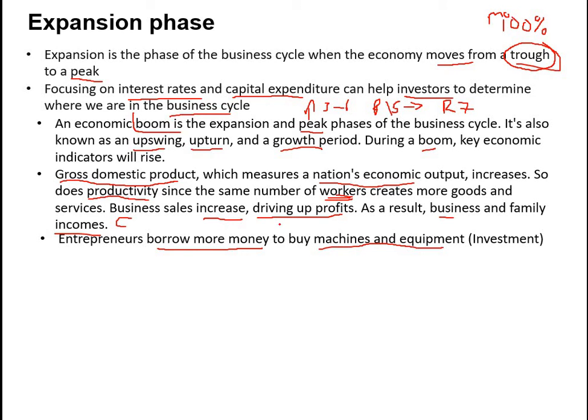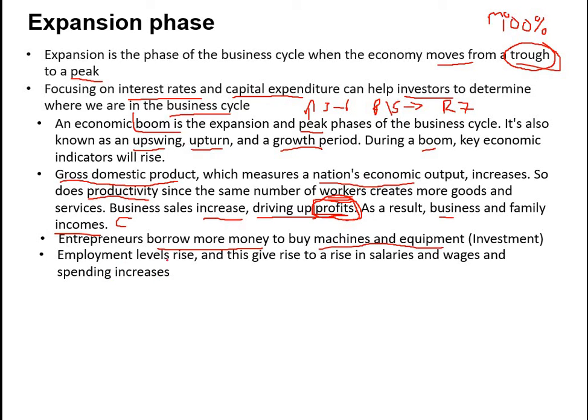They want to earn profits, as everyone wishes to earn profits. Employment levels rise in this particular category, and this gives rise to salaries and wages. Obviously, if your salary is increased, you're going to spend more.